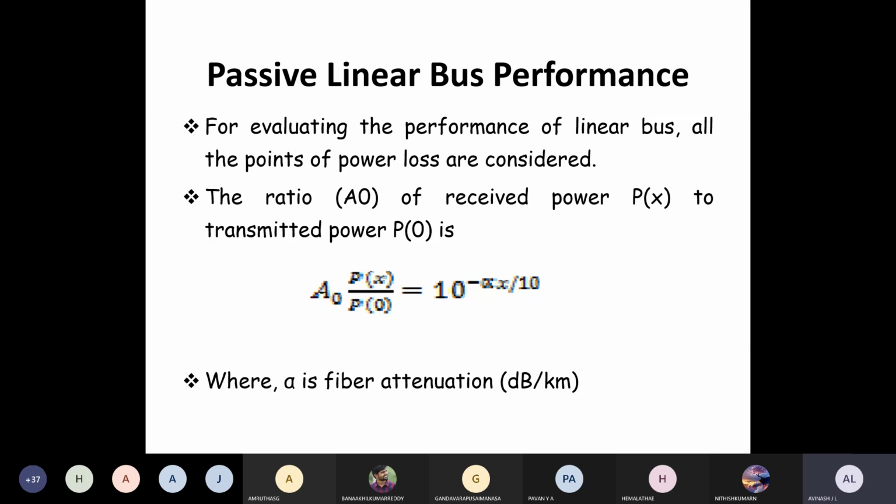A0 into Px divided by P0 equals 10 to the power of minus alpha x divided by 10, where alpha is the fiber attenuation constant. This is the formula being given, so please make a note of this formula, all of you.